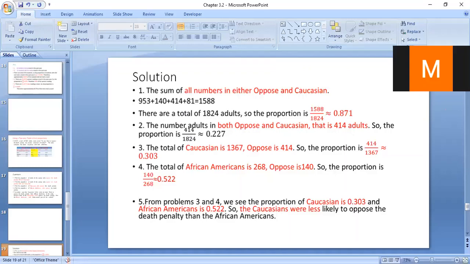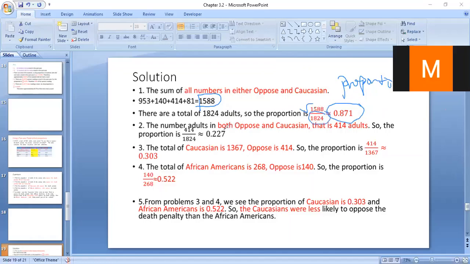We want to find the proportion, you take the number, you divide by the total. The number 1,588 divided by 1,824, you will get this proportion. Proportion is the number divided by the total.